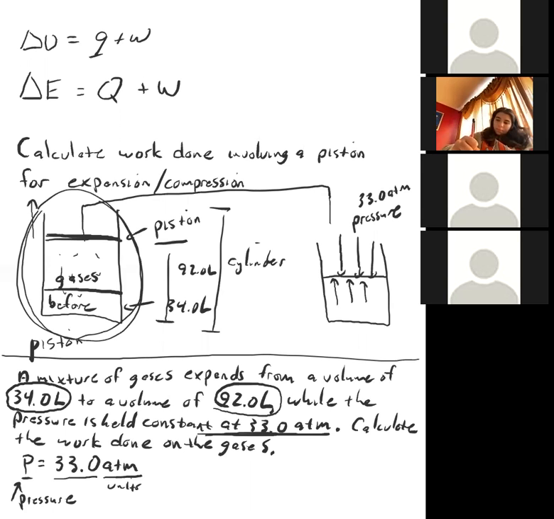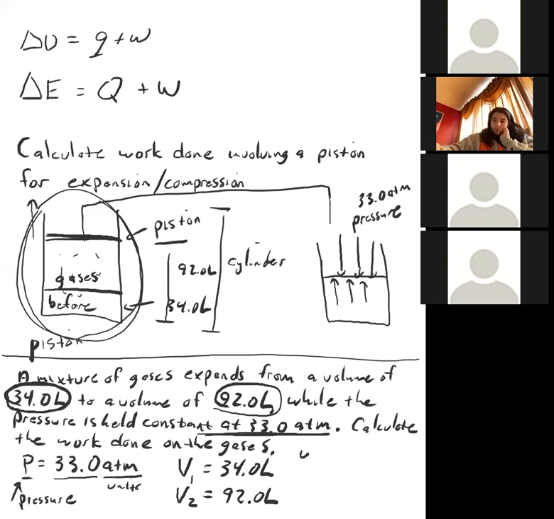So very simple formula. I'm going to say V1 for volume 1 is where we start. That's our initial. And again, you know what liters are. A 1 liter bottle, a 2 liter bottle. This is 34 liters. The final volume, V2, 2 for final, is 92 liters. Okay, so we're expanding. So here's the formula. This is the formula you've got to use.